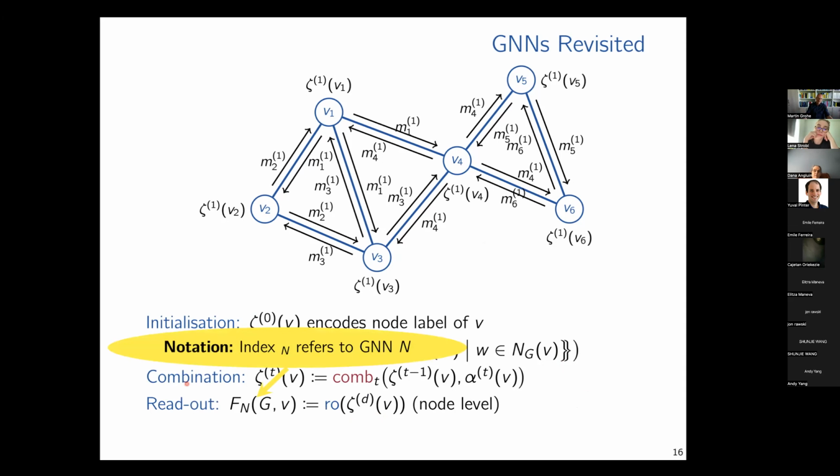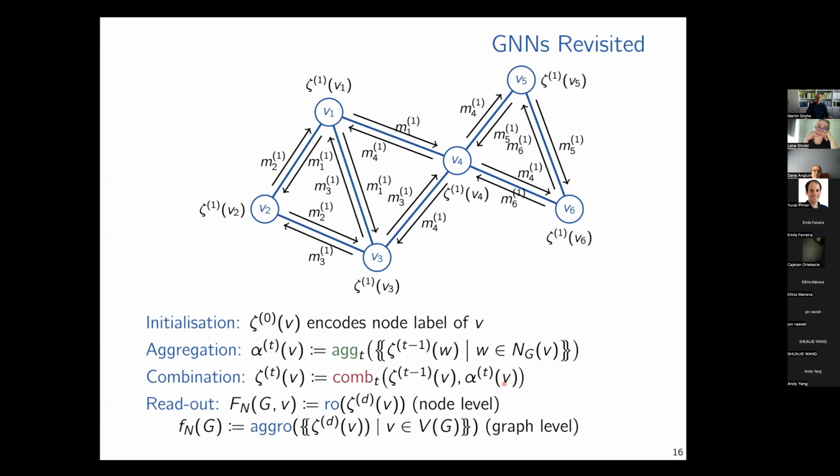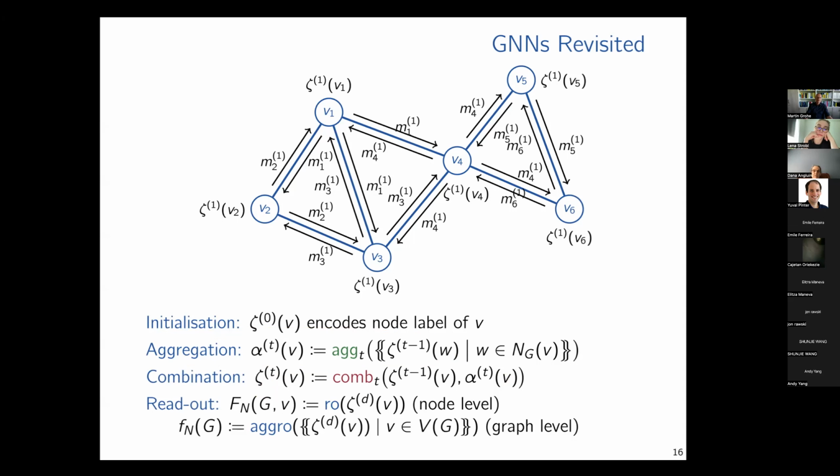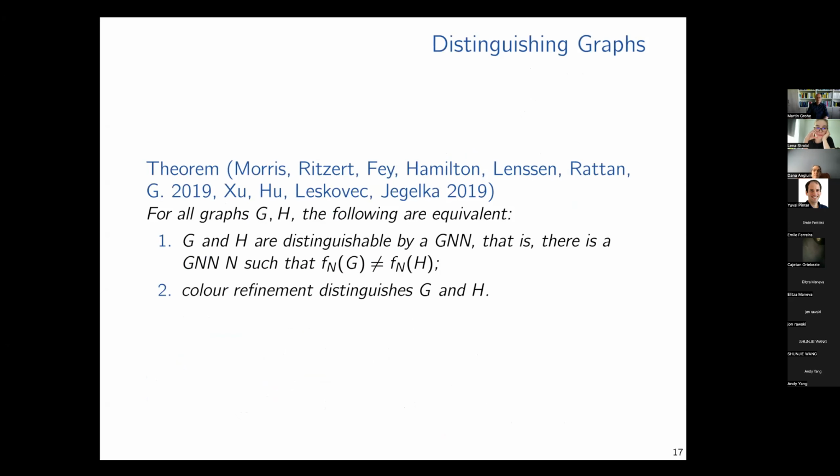Here I put an index n to refer to the graph neural network I'm talking about. Or we compute a graph-level function, where we first aggregate all the states and then apply some readout function to it.